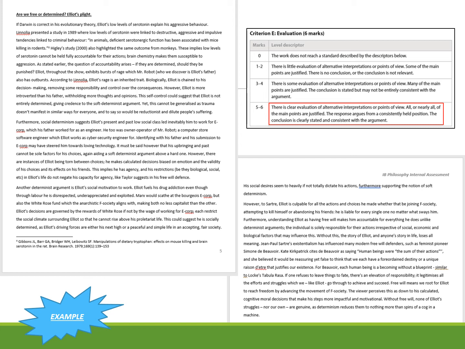Where are they doing that? And equally for free will, where are they giving their two cents about whether they think free will is a valid perspective on Eliot's decisions, and does he have free will or not? And for the wider humanity, do we have free will? Are the arguments presented there convincing, or are they, as a writer, not convinced? Where are they saying that in the text here?